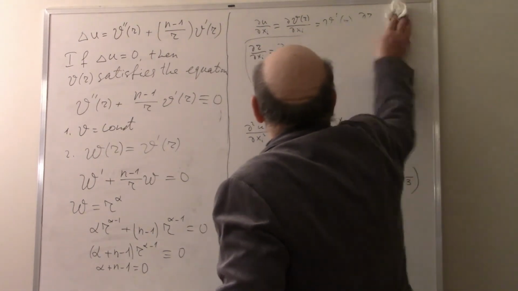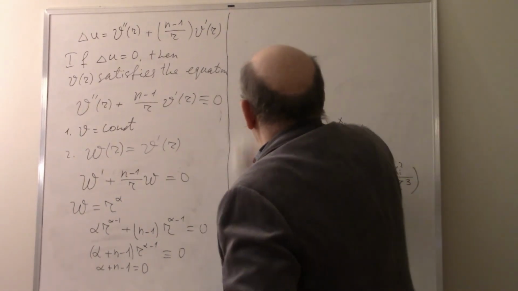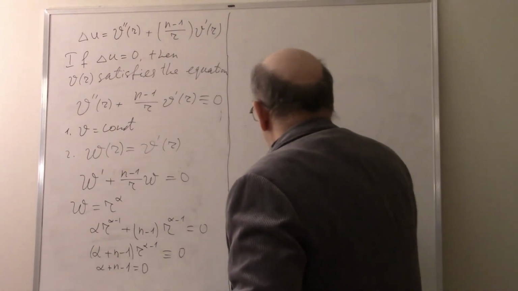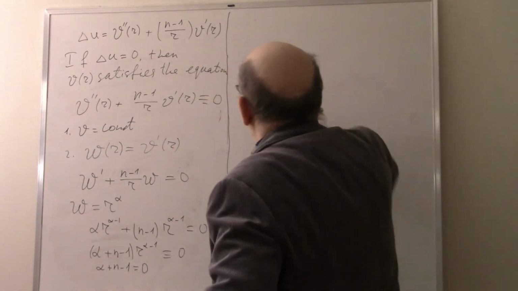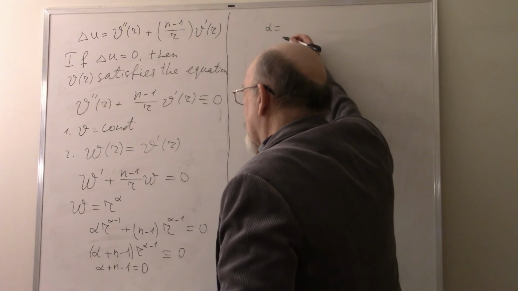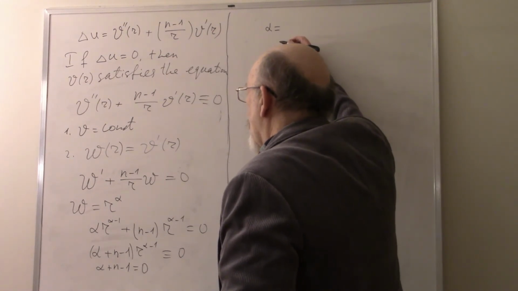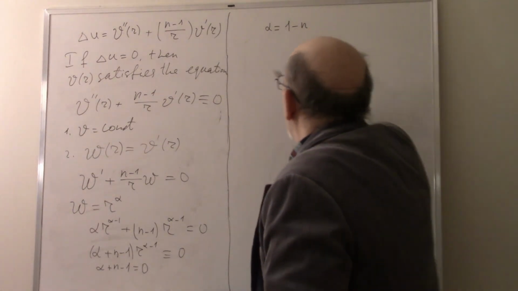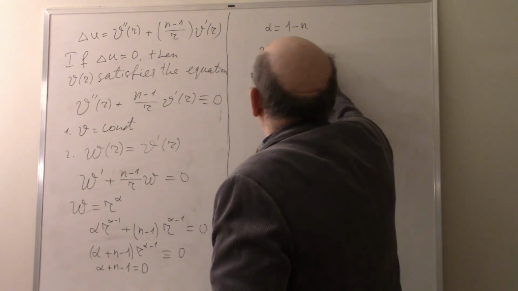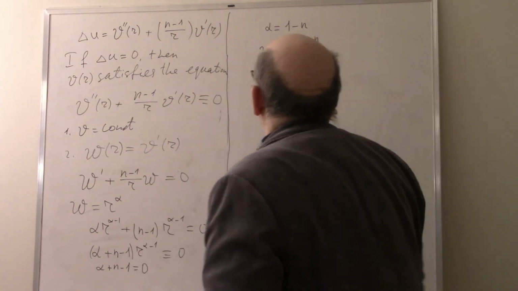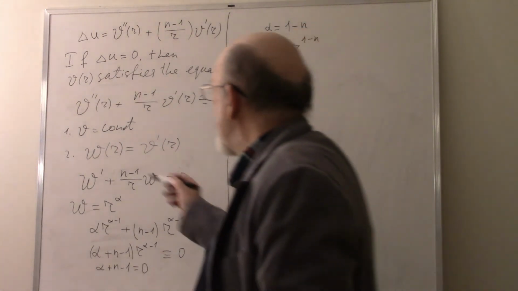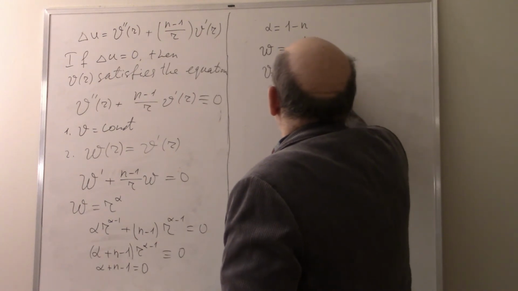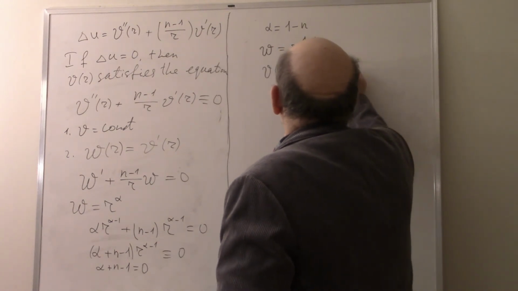And so we have alpha equals 1 minus n. And so w equals r to the power 1 minus n. And w is the derivative, so v of r is the integral of r to the 1 minus n dr.